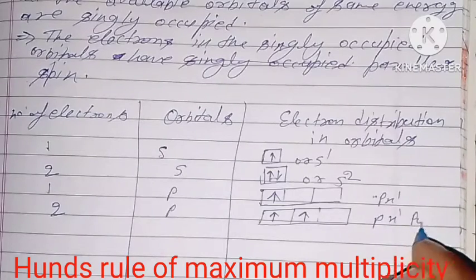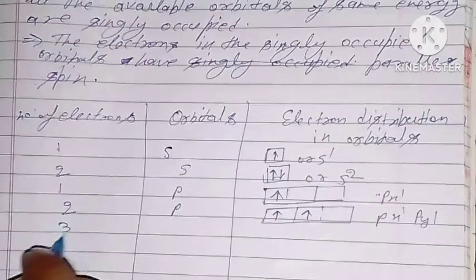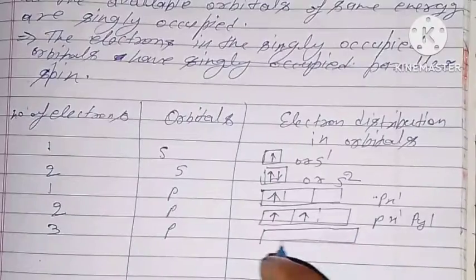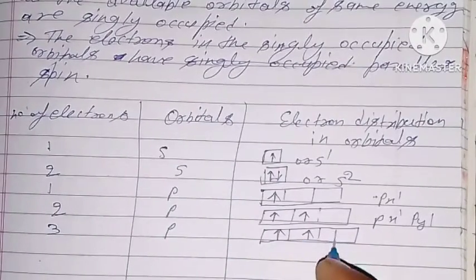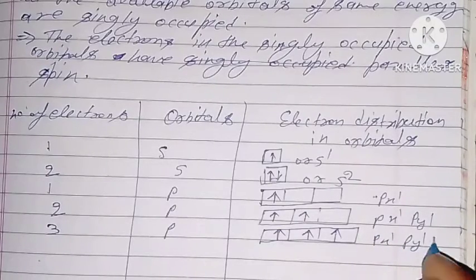px1, py1. And if the number of electrons is 3 for the p orbital, then the filling is px1, py1, pz1.